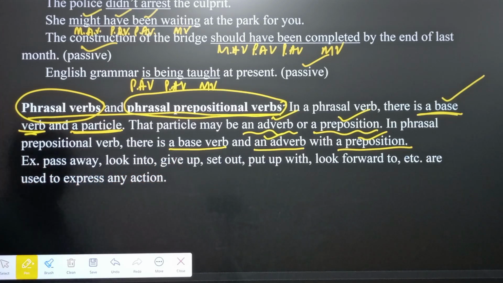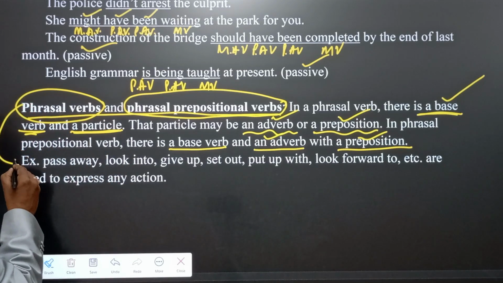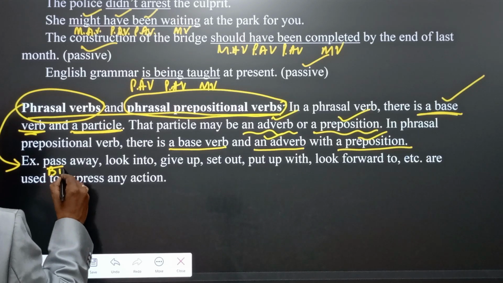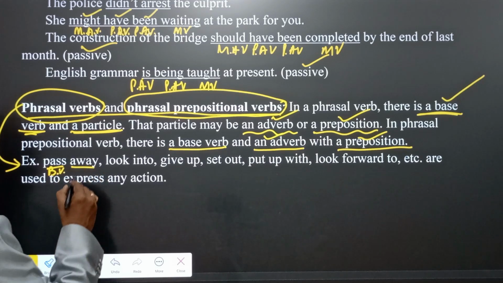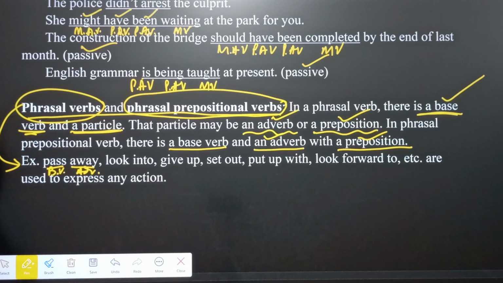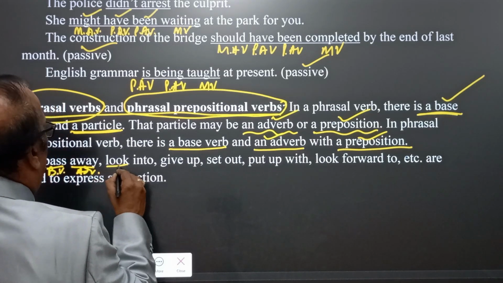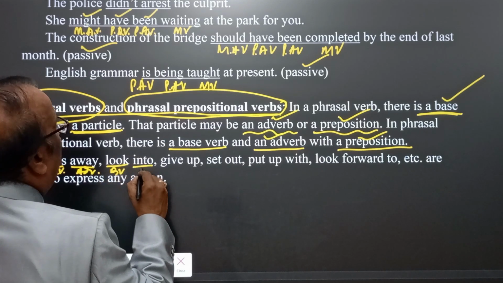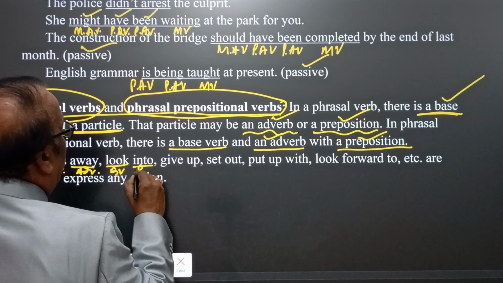Example of a phrasal verb: pass away. Pass is the base verb, and away is the adverb particle. Yes, and here we find look into. Look is the base verb, and into is a preposition.